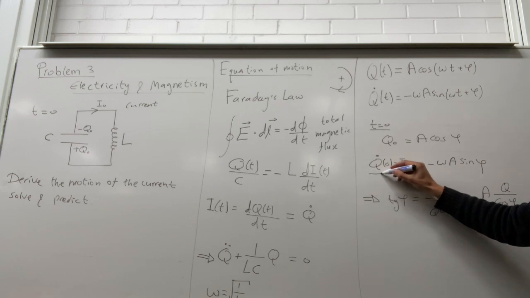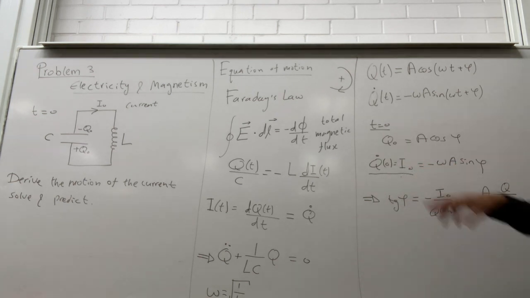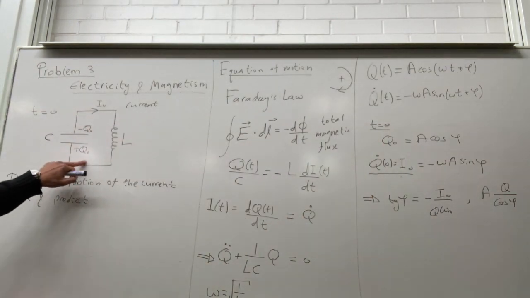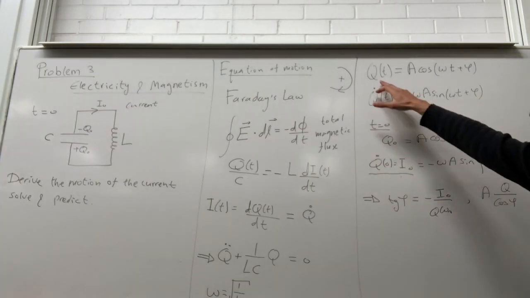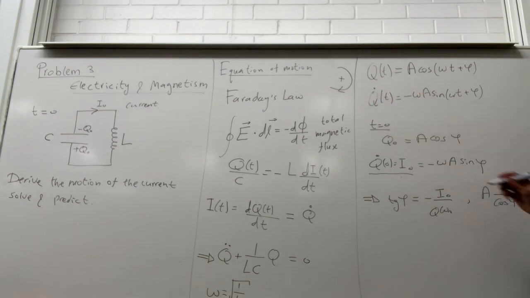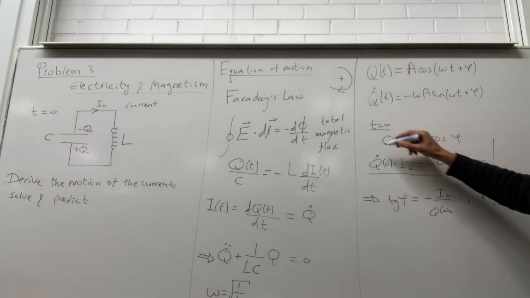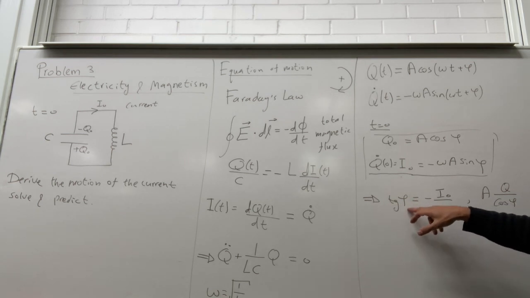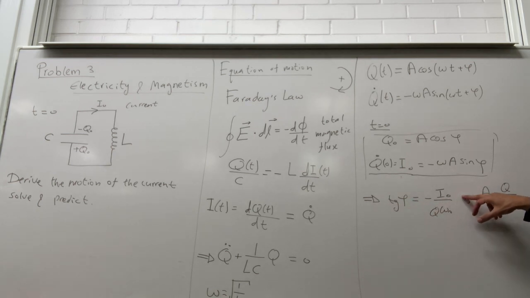So we are here. And we also know that at t equals 0, the charge is given by Q here. So Q at t equals 0 is equal to Q0. So we have these two equations with two unknowns, and we find out that tangent phi is given by minus I0 over Q0 omega, and the amplitude is given by Q0 over cosine phi.